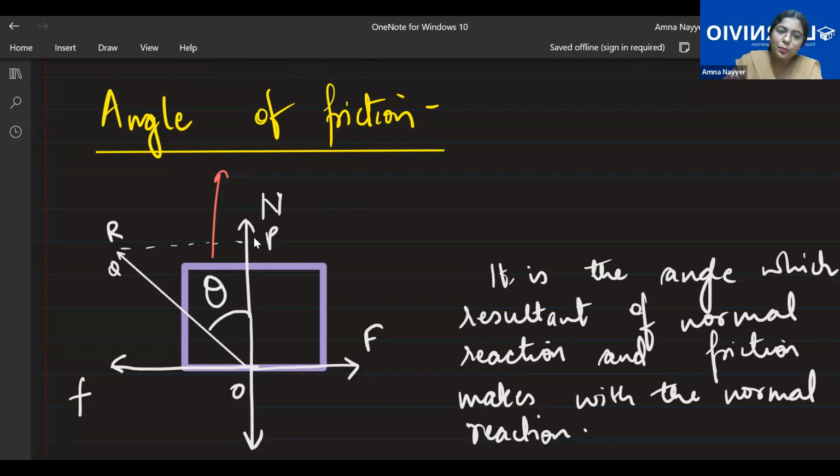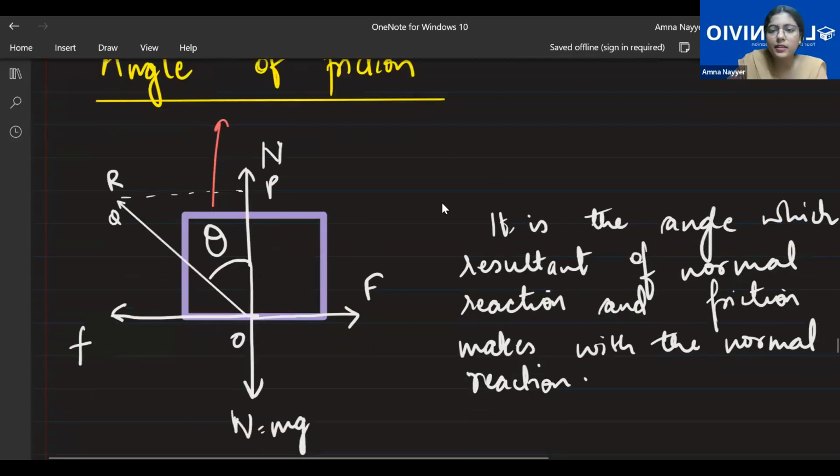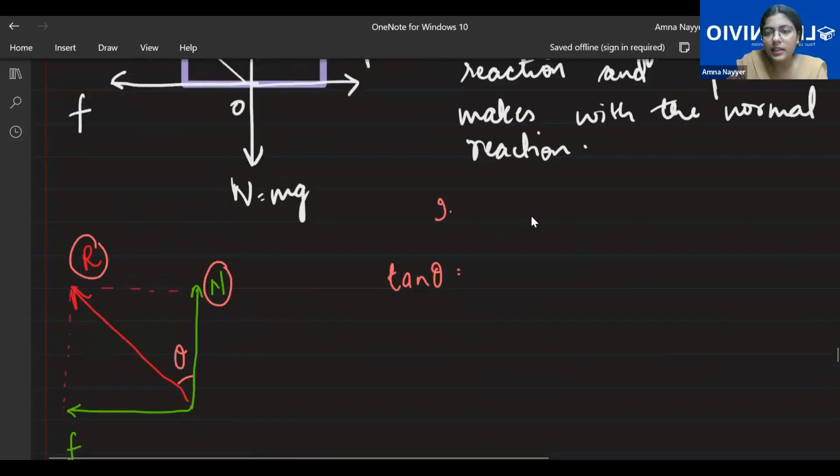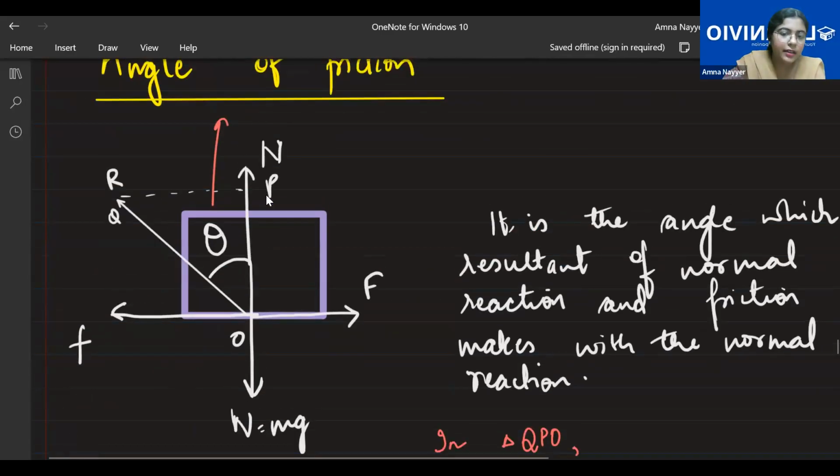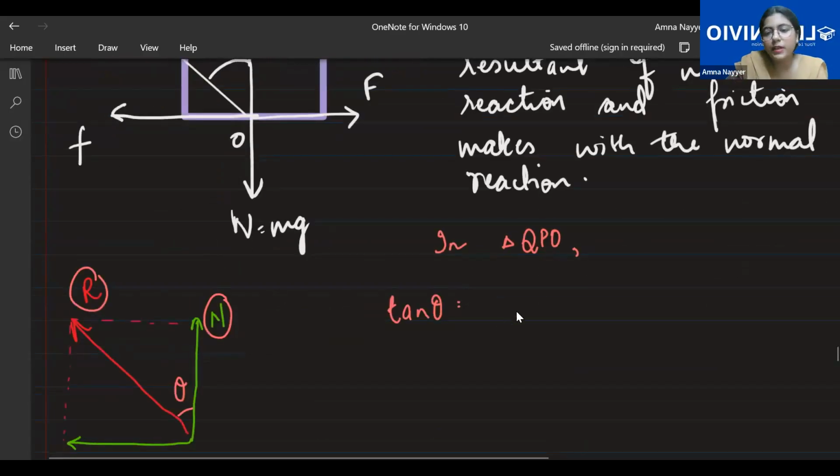This is your triangle QPO. What will be your tan theta? QP by OP. Yes, this will be QP divided by OP.